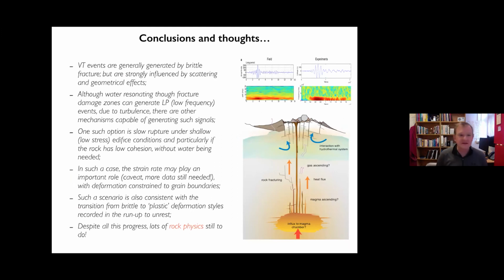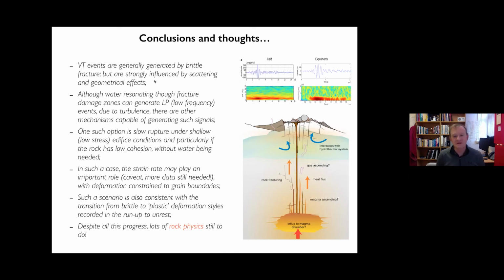Just about on time, so I'll talk through our general conclusions and thoughts. Over the last 15 years now, maybe even 20 years, laboratory rock physics has been used in some great detail to understand different volcanic seismic sequences. So VT events are generally thought to be generated by brittle fracture. They're strongly influenced by scattering and geometrical effects though.